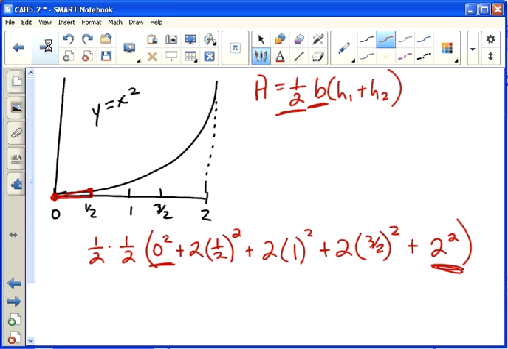And it's going to look something like this. And when you plug all that in, you should get 2.75. So for trapezoid, always put a 1/2 out front times the base, and then your first and last point get counted once, all your middle ones get counted twice.